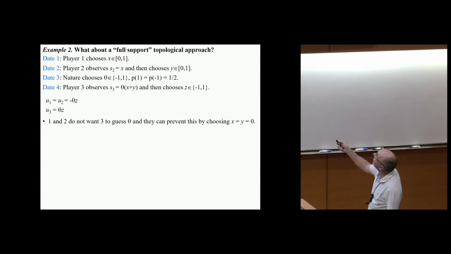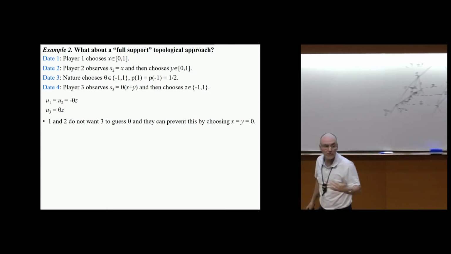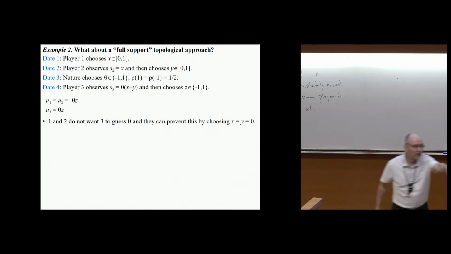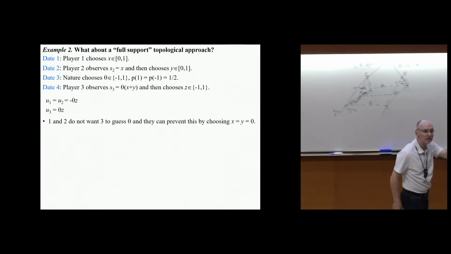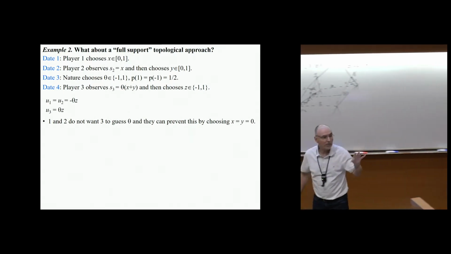So if x plus y is positive, player 3 can figure out what the state is by looking at the sign of her signal. The sign of her signal tells her what the state is, and then she can match the state, which is bad for us. We don't want her to be able to match the state. How can we prevent her from matching the state?